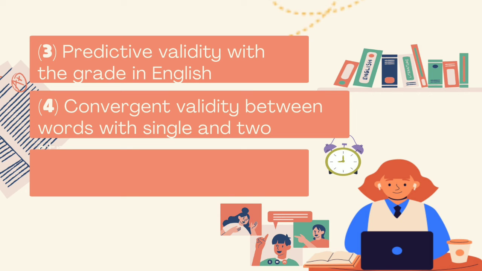Phonological awareness involves the ability to identify and manipulate individual sounds in words. Since distinguishing between single and two stresses involves a similar skill, we would expect a positive correlation here as well.